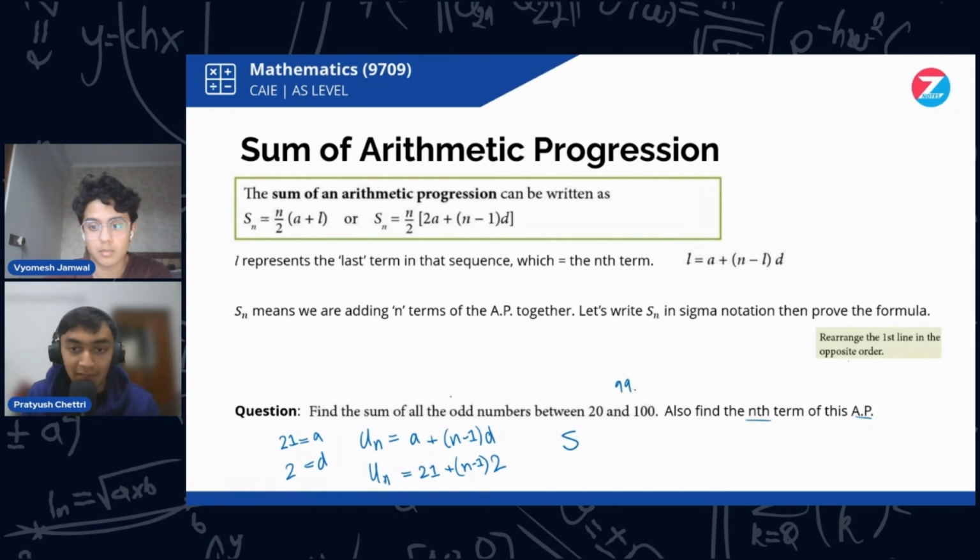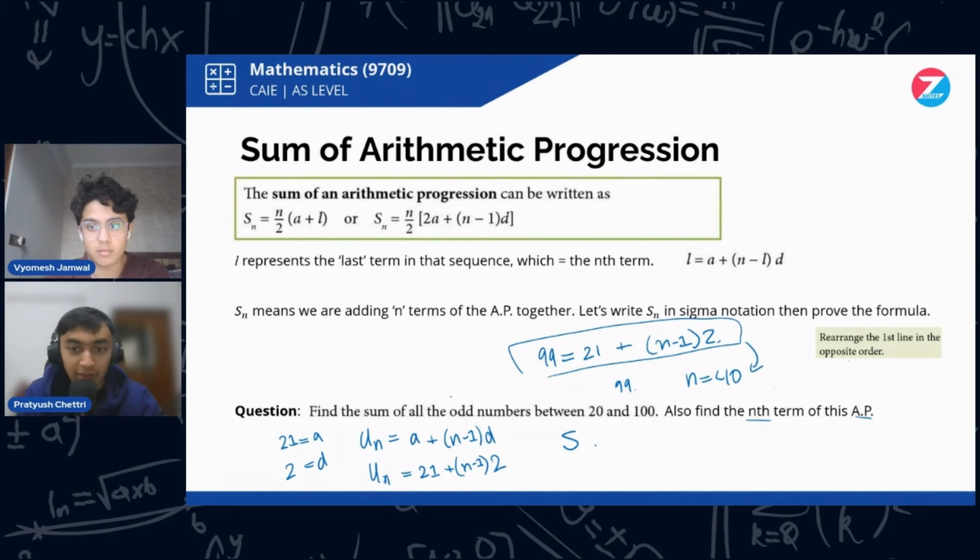So 99 is the last term in this sequence. And we can use a method to calculate this. If we put 99 as the nth term, then we can find n by 21 plus n minus 1 times 2. I'm going to skip the math here: 99 minus 21 divided by 2, and then we add 1, so it's the 40th term. So n is 40 here. But I just used algebra to get that.